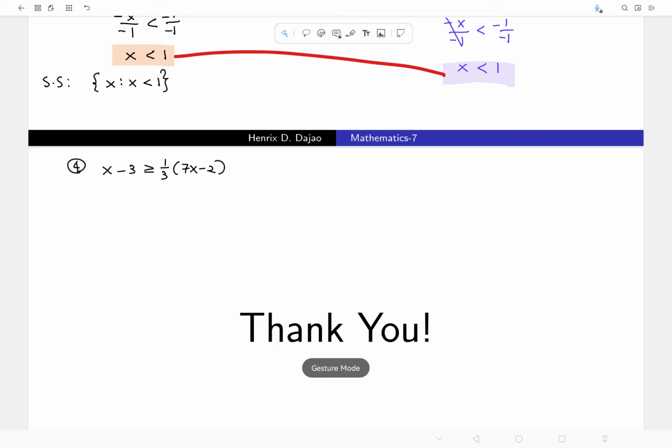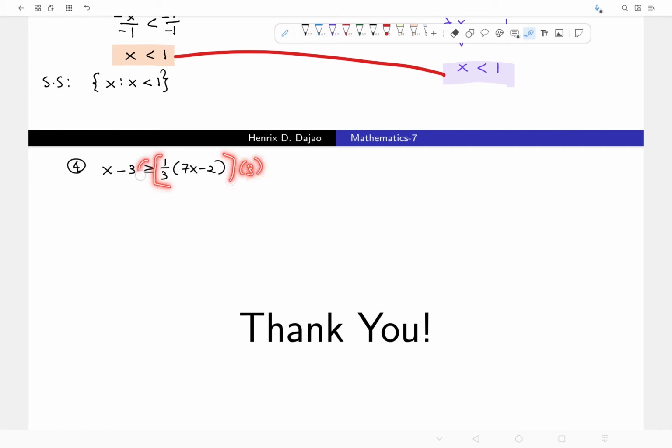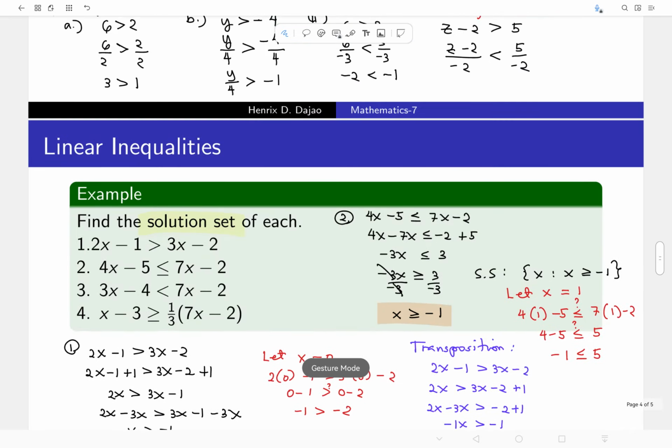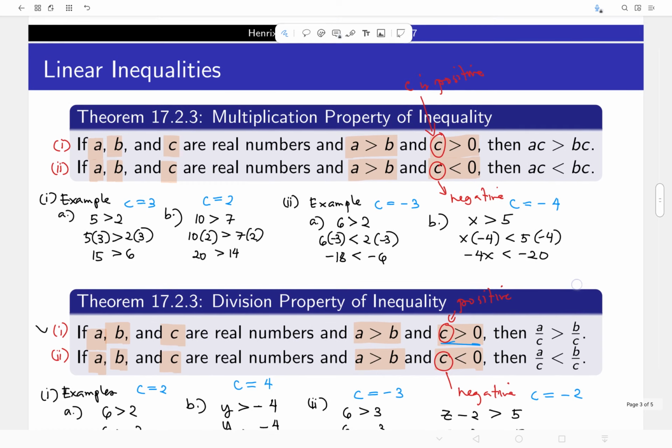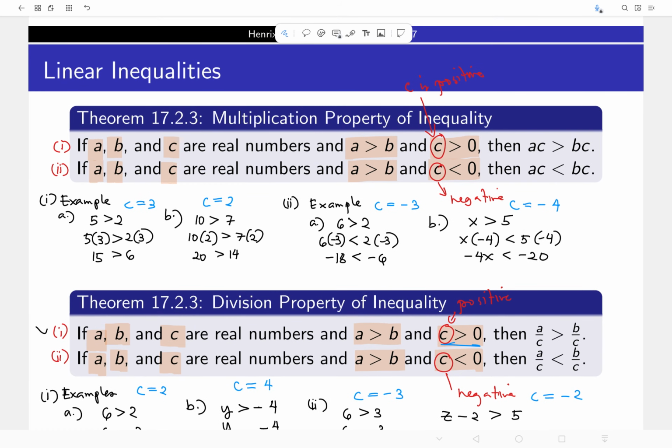Remember, we're multiplying a positive number, which is 3, all right? So if you multiply a positive number, then our inequality will not change. Remember that one? That's property, or theorem number 17.2.3, part A, or part I, all right? So meaning the inequality will not change, okay?